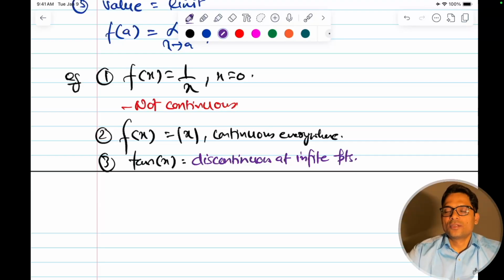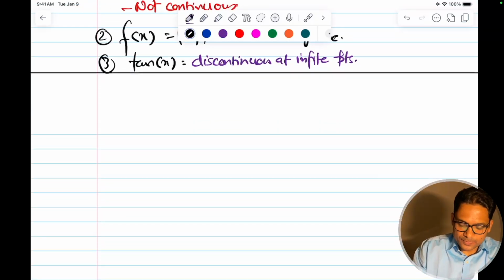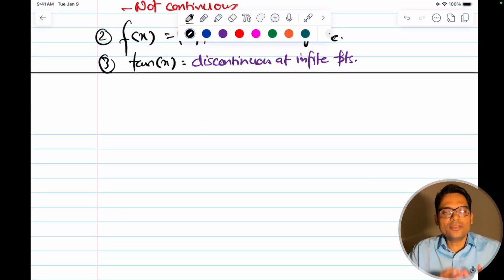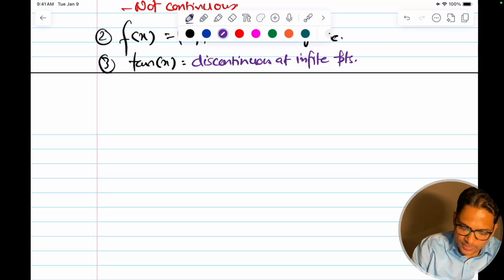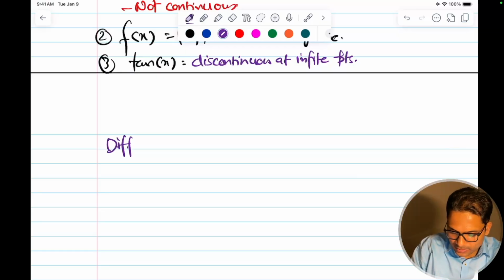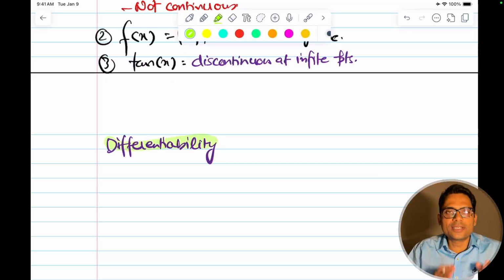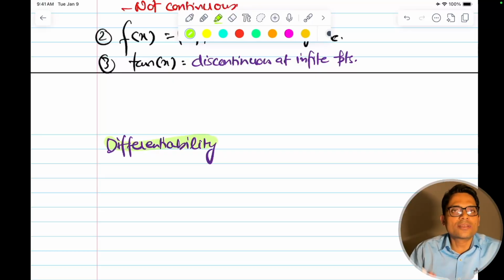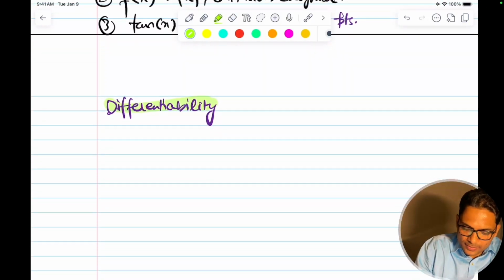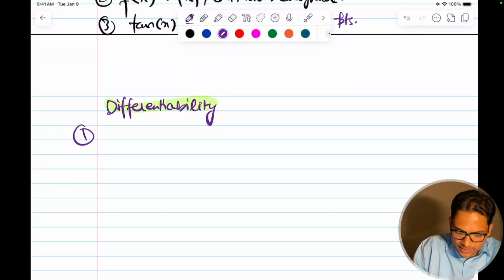Okay. So what is differentiability now? Because we are coming to that. I can calculate the derivative of a function at a given point only if it is differentiable at that point, right? And we should know whether a function is differentiable or not. How do we find that? The first and foremost thing is that the function should be continuous there. Otherwise, if I have a jump, there is no curve, right?